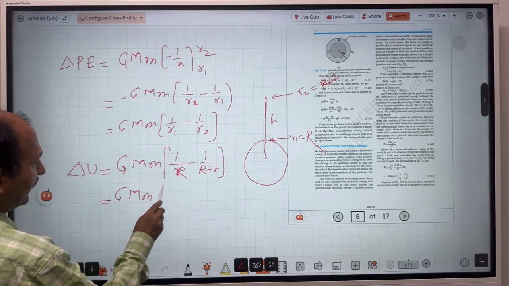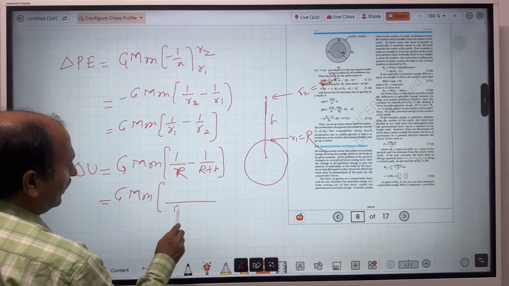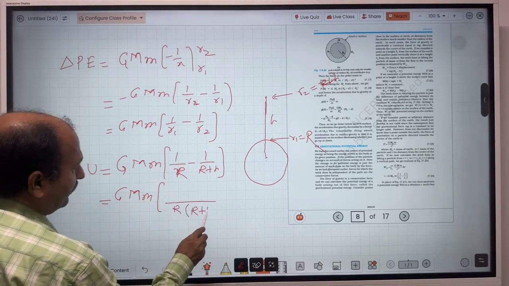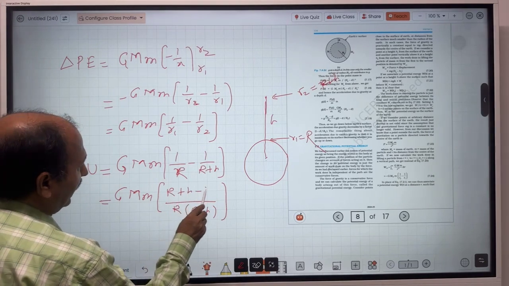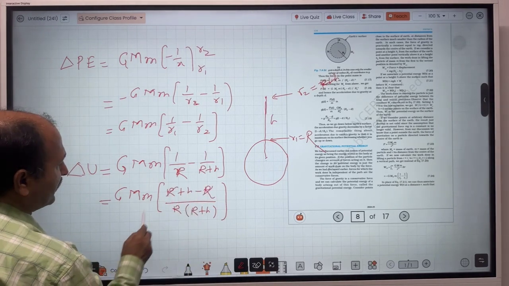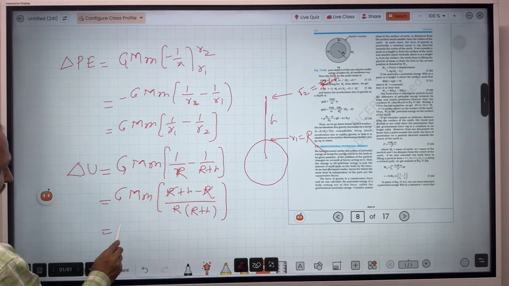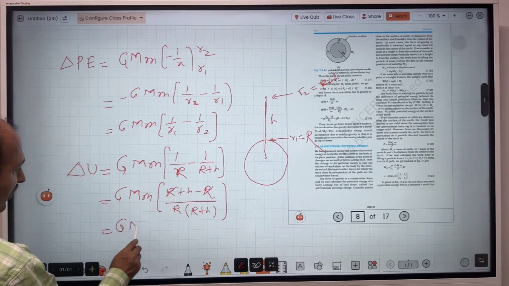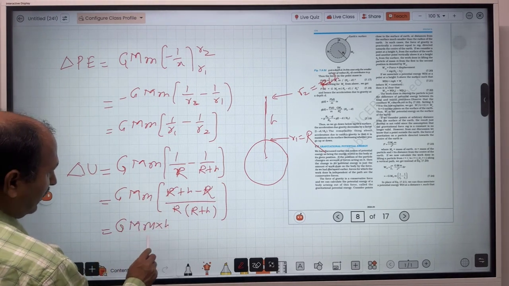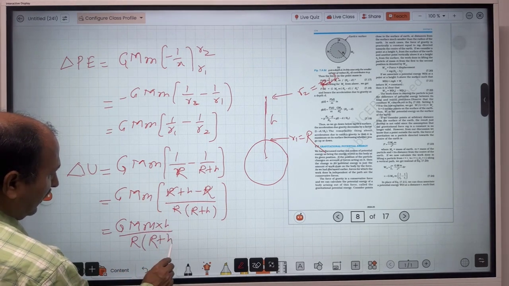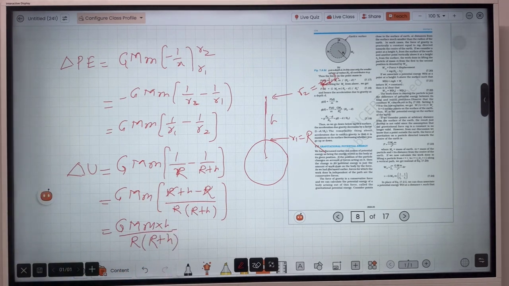GMm, this is r into r plus h, r plus h minus r will cancel out, and we will be left with GMm into h divided by r into r plus h. Up to here, any problem?